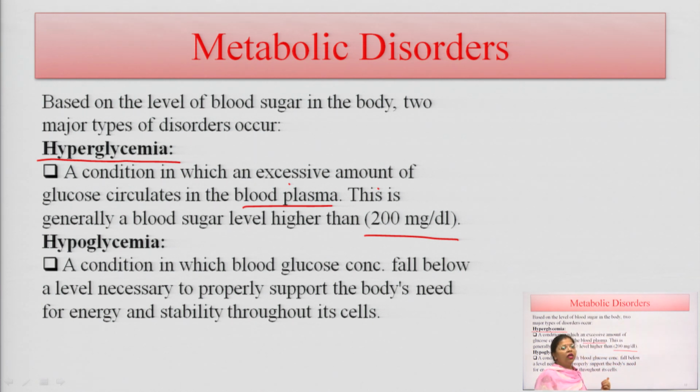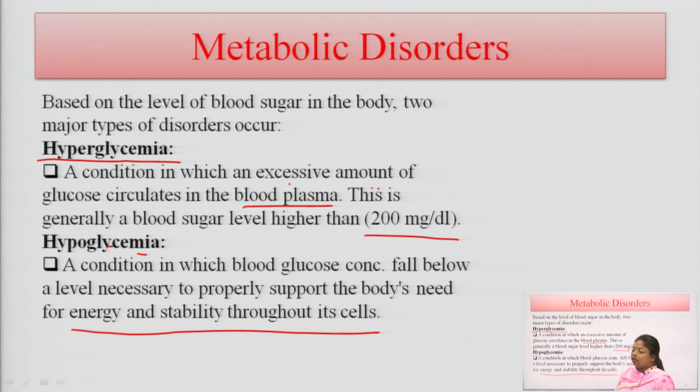And the second one is hypoglycemia. In hypoglycemia, the blood glucose concentration falls below the level which is required to properly support the body's needs for energy and stability throughout its cells.